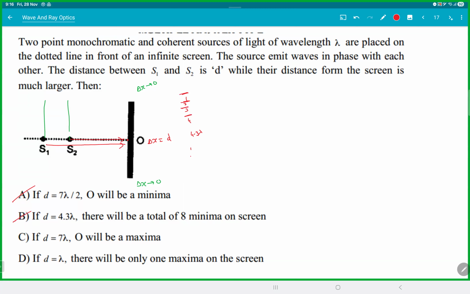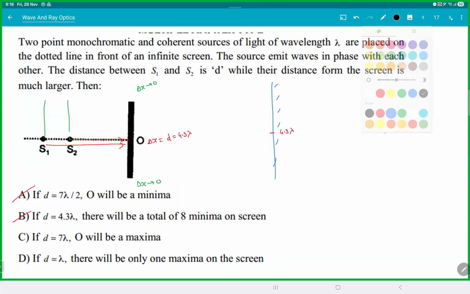Remember that? How to count? So I'll show you one for this. If you take 4.3 lambda, that means on the screen, we are sure somewhere here there is a 4 lambda, a 3 lambda, a 2 lambda, a 1 lambda. 0 we won't count because it's at infinity.